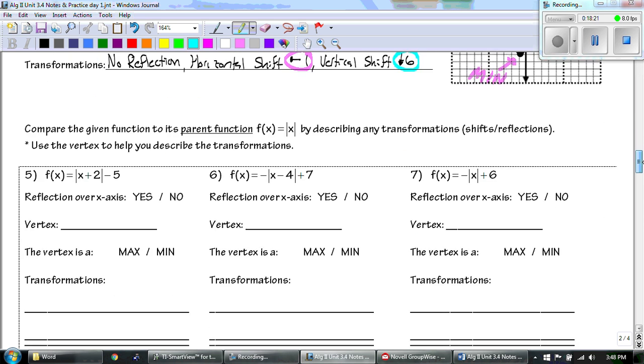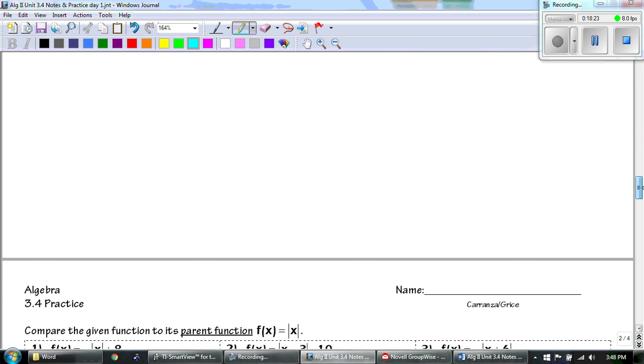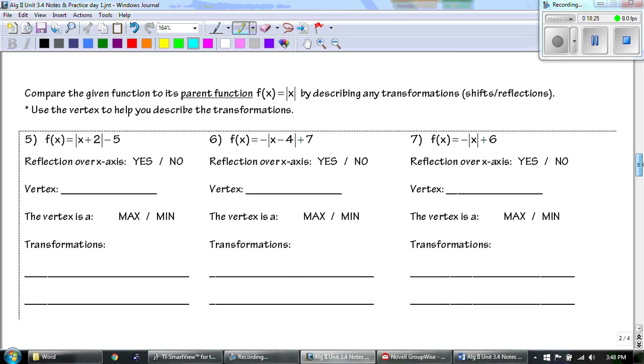Now, for these, once again, I'm missing half of them. So 5 through 6 we'll do together, and then 8 through 10 I want you to do on your own. Okay, so let's just see how quick we should be able to do these. Now, is there a reflection? No. Okay, so if there's no reflection, I know that it's going up.